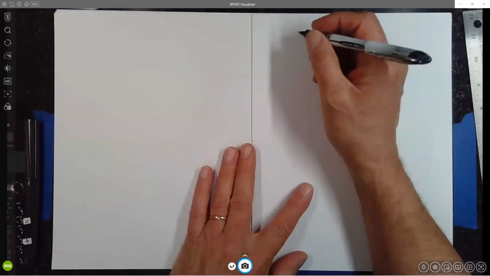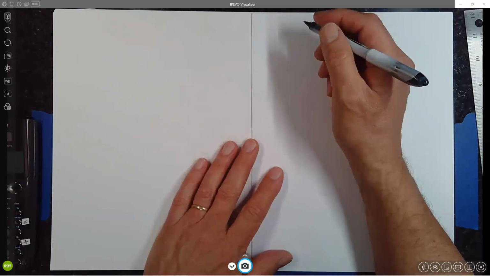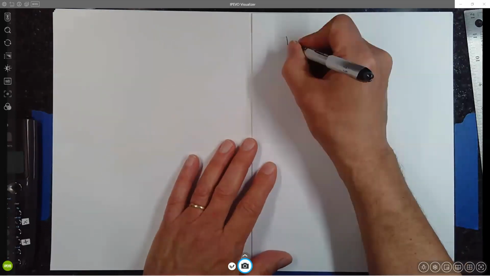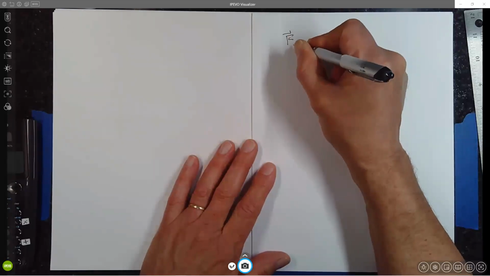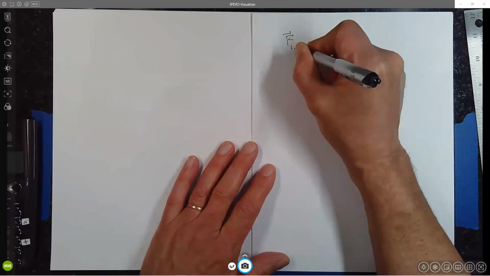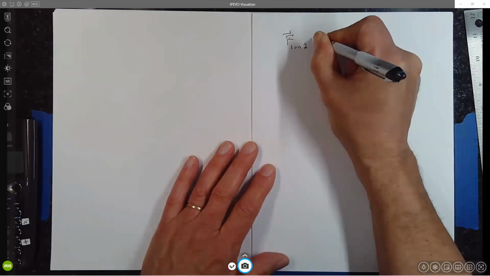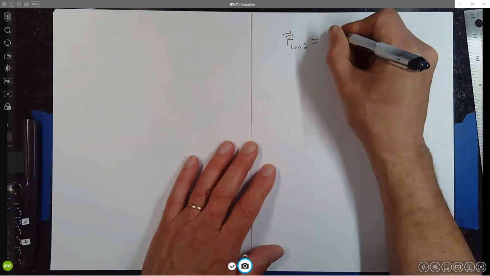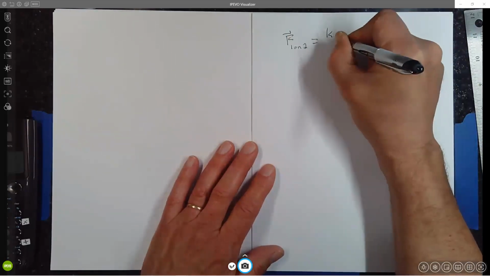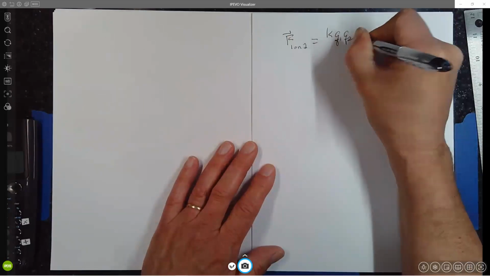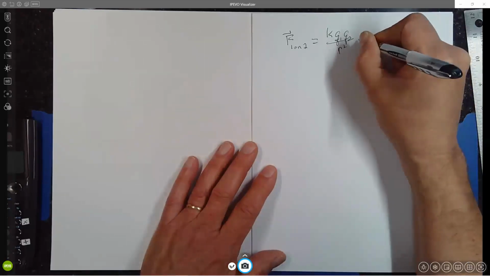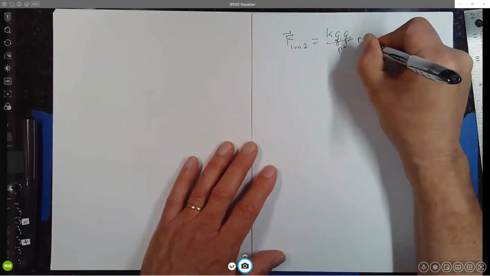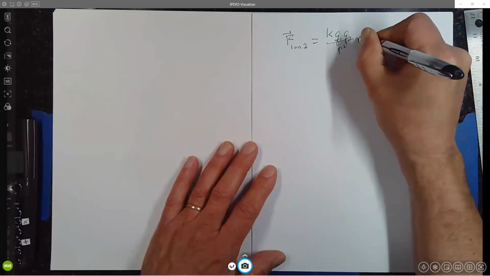Last couple of days we've been doing a few problems, and we started with just the single particle version of Coulomb's law, which ends up just being the force that one particle exerts on another, and I can call this F 1 on 2 if I want to, is going to equal just k q1 q2 over r squared, and that r would be the distance between those two, and we could say that that force is along some vector r12.